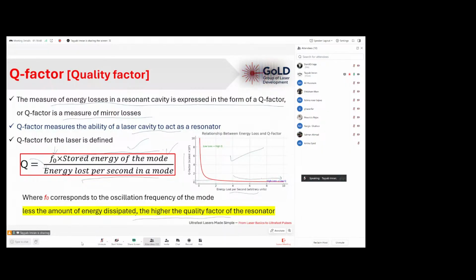If the energy loss per second is greater, then the Q will be less. If the Q is greater, then the energy loss per second will be lower. Like here, low Q, high losses; high Q, low losses.